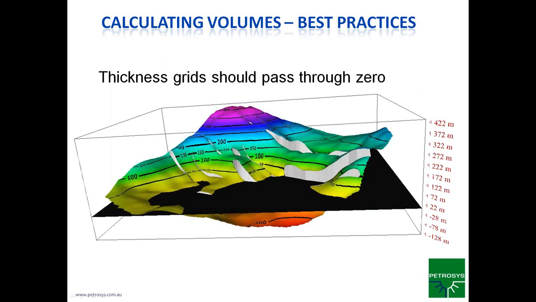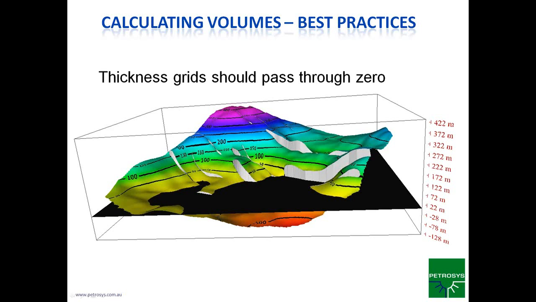Now this is true, letting the grids pass through reference planes, even if you're working with thickness grids. It sounds strange, but you really want your thicknesses to go into negative space. You want your thickness grids to pass through zero. Again, it's very common for somebody to have a thickness grid and think that they need to clip it to zero before they start running volumes.